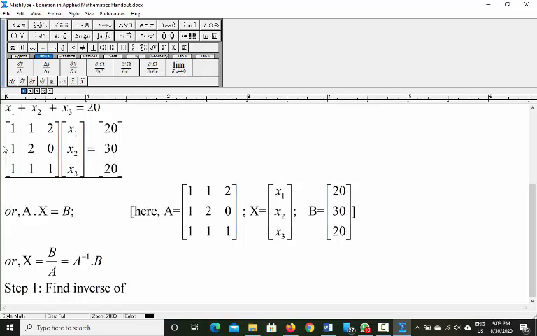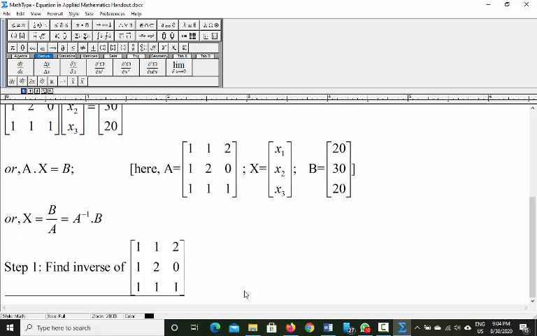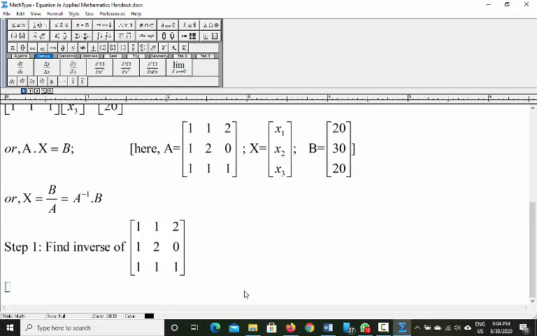That means we need to find this one. So this one is equal to what? We need to find the inverse of this matrix.